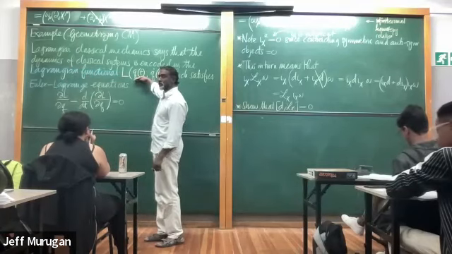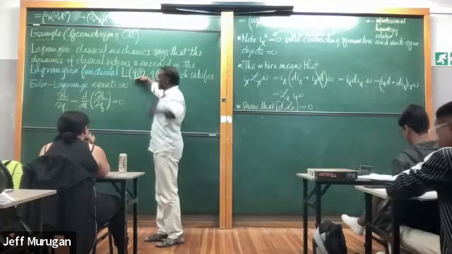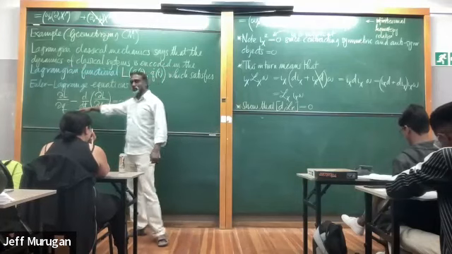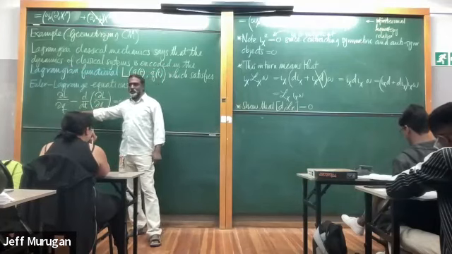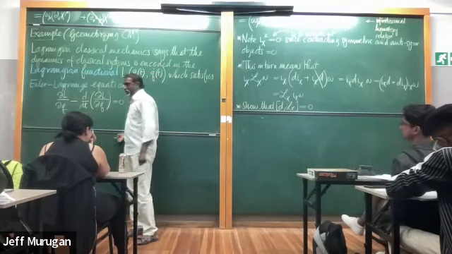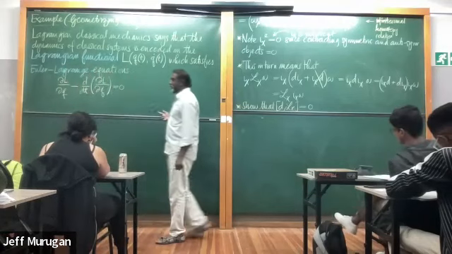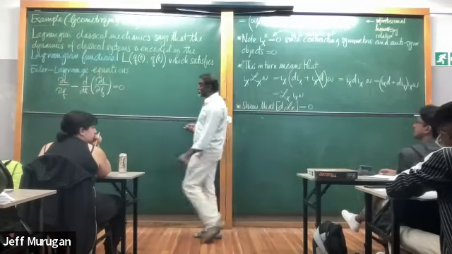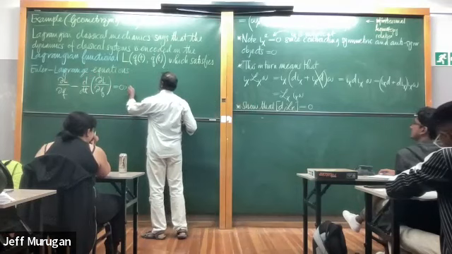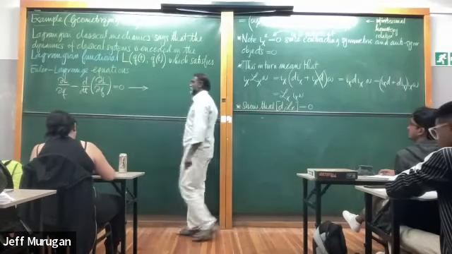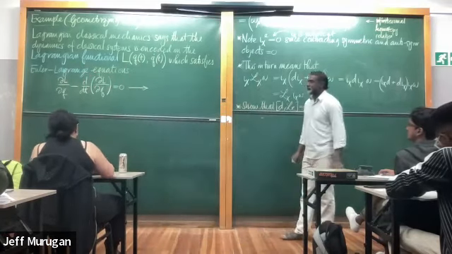So the q's go q1, q2, all the way through to qn, in which case I'll get one second order Lagrange equation for each of those variables.